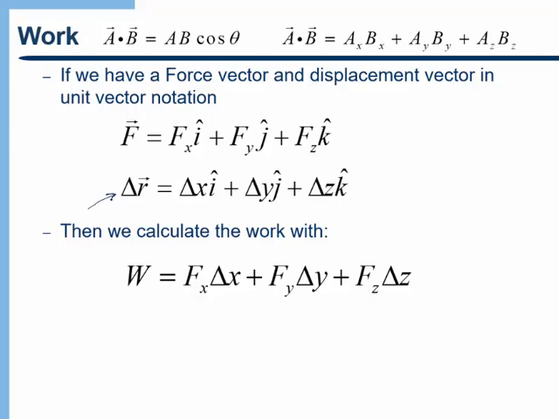Here's how we would write that out. Delta x would be how far we go in the x, delta y in the y, and delta z in the z direction. So if we've got the force in unit vector notation and the displacement in unit vector notation, then we calculate the work using our second method of calculating the dot or scalar product.